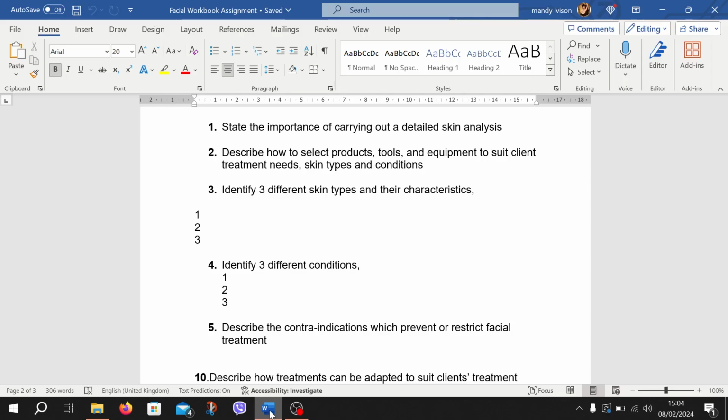For example, if a client's got oily skin, you're going to want to use a face mask which is going to be purifying and tightening and drawing out the excess oils. Likewise, if you've got a client with dry skin, you might want to use something that's going to be more moisturising and hydrating. If you've got a mature client, you want something that's going to be firming and toning.